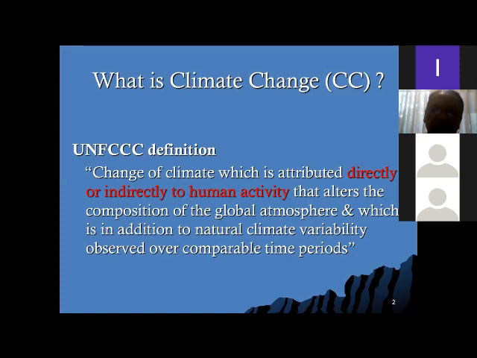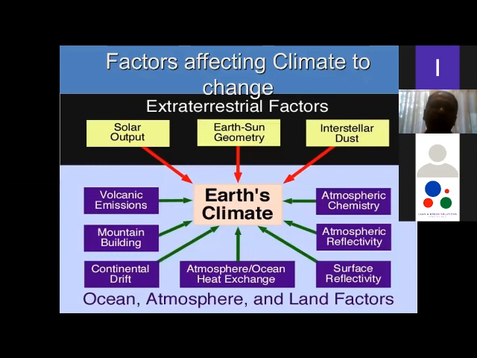That means there are two components to climate change. One is the natural change, the other one is direct or indirect human activity. So the main factor is actually human intervention, and therefore we need to focus on that mostly.